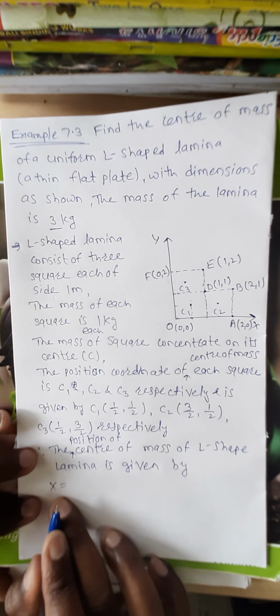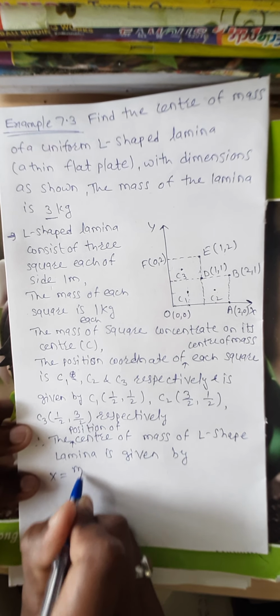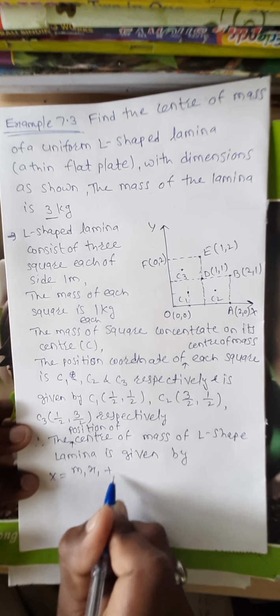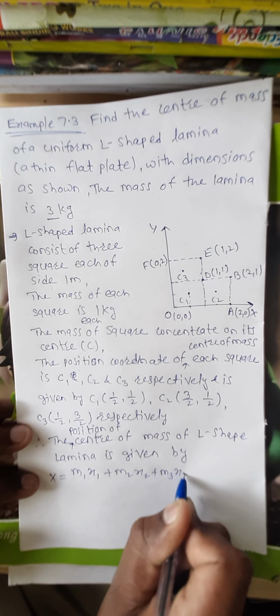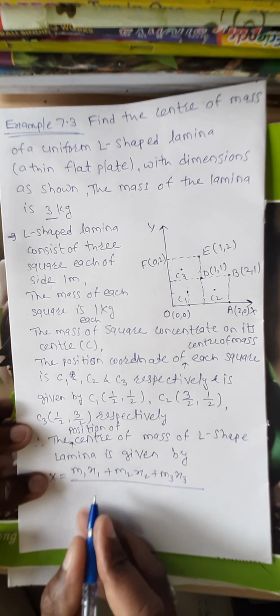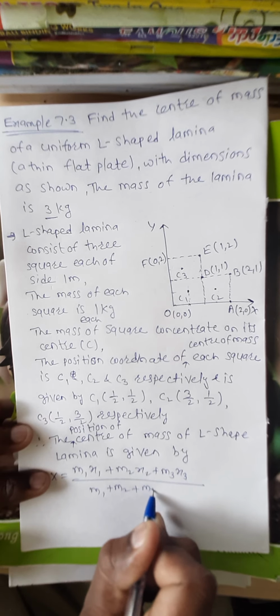Along the x axis, the position is x equal to m1 x1 plus m2 x2 plus m3 x3, divided by m1 plus m2 plus m3.